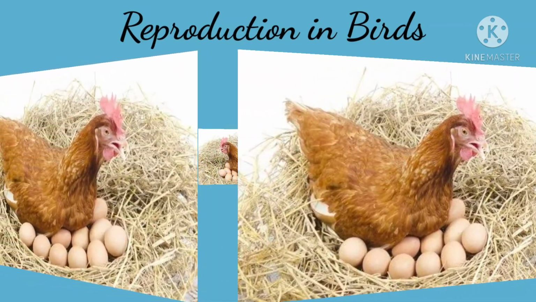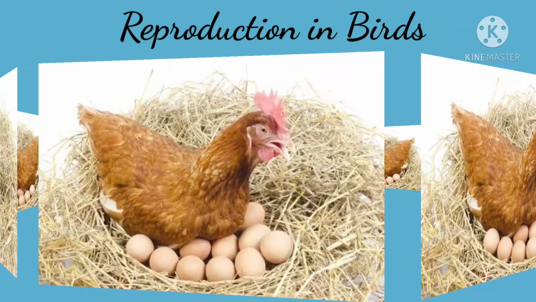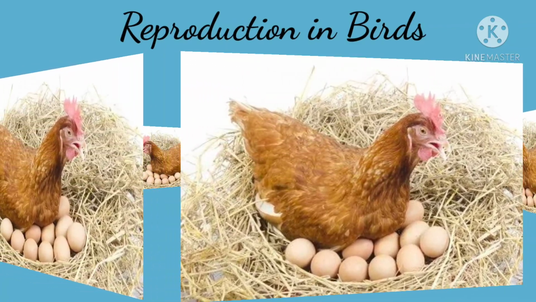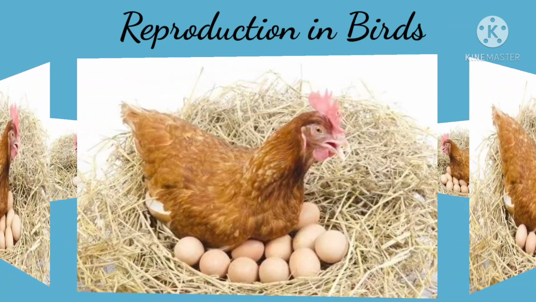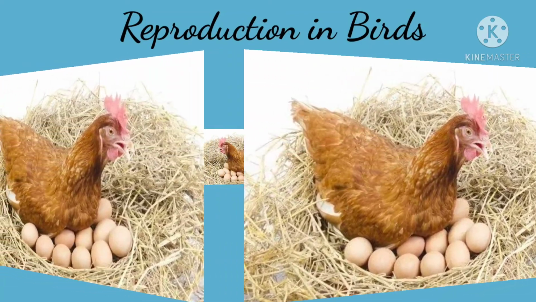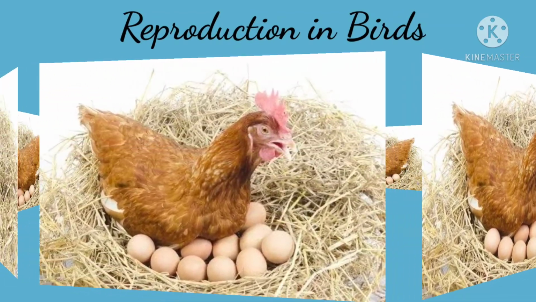And within the egg, the tiny baby goes through various stages of development, as we have just seen in the previous video, and finally the baby hatches out after its maturity, and the baby bird then grows into an adult.